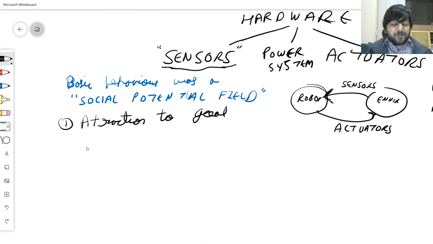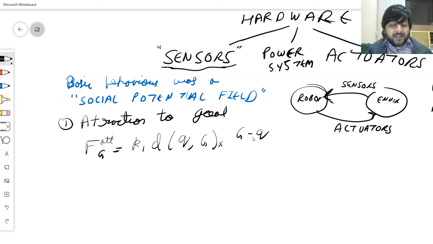Now, attraction to goal was given by two terms. Basically, the distance between the robot and the goal times the direction. The direction was (g minus q) divided by the distance between q and g. This was the magnitude, this was the direction.